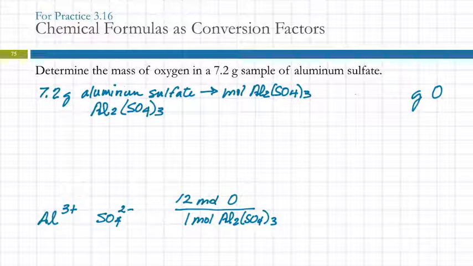Okay. And now I just came up with this relationship between moles of oxygen and moles of the compound. So I can go to moles of oxygen. And then using the molar mass of oxygen, I can go from moles to grams. Are you beginning to see the usefulness of dimensional analysis?